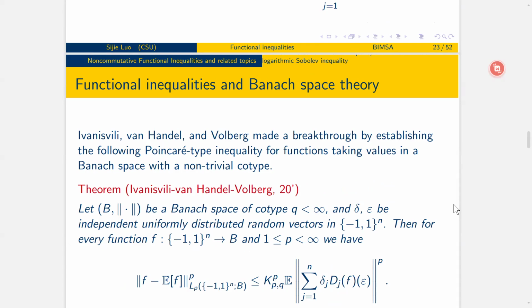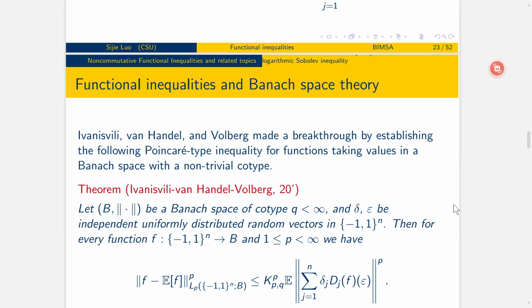They proved that for a Banach space with non-trivial cotype, and I don't give the precise definition of non-trivial cotype here, but you can think of it as a very weak condition imposed on the Banach space, then the following vector valued Poincare inequality holds. The vector valued one, and this term you can view as a vector valued gradient term.